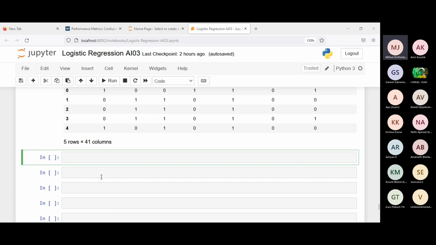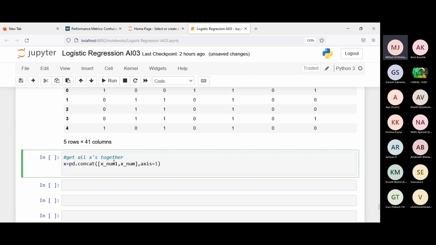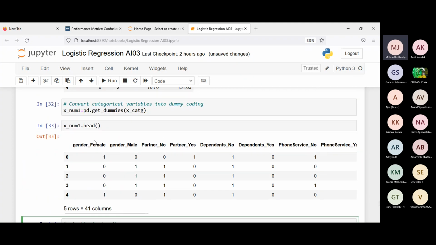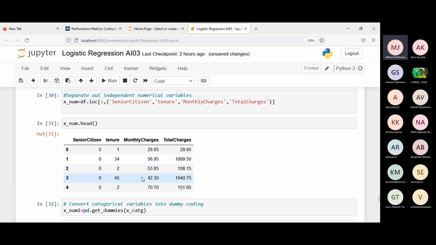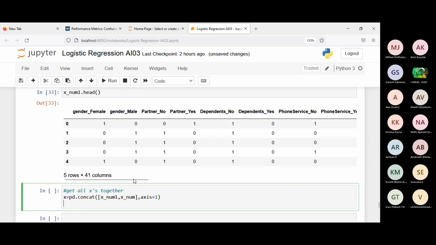I hope you're able to appreciate the data pre-processing steps, guys. So now what we will do is our job is to simply concatenate num1 and num. What is this num1? The newly created dummies. What is this num? The 4 original variables. We will just be concatenating it. How?